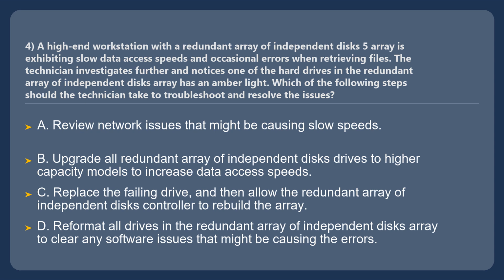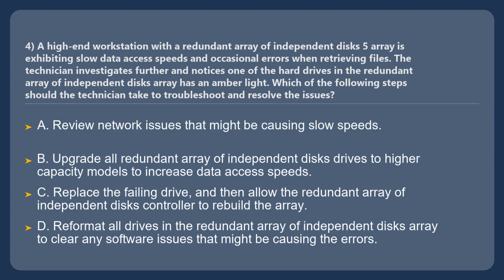Question 4. A high-end workstation with a redundant array of independent disks 5 array is exhibiting slow data access speeds and occasional errors when retrieving files. The technician investigates further and notices one of the hard drives in the array has an amber light. Which of the following steps should the technician take to troubleshoot and resolve the issues? Option A. Review network issues that might be causing slow speeds. Option B. Upgrade all drives to higher capacity models to increase data access speeds.